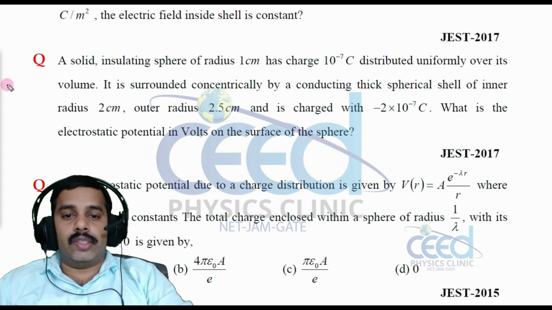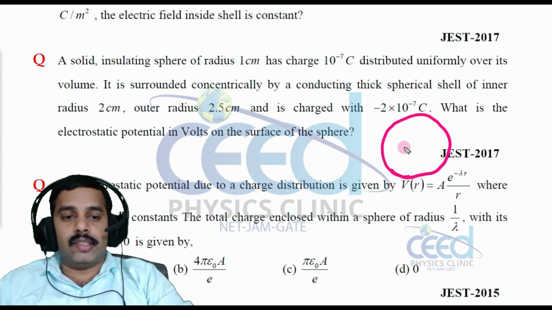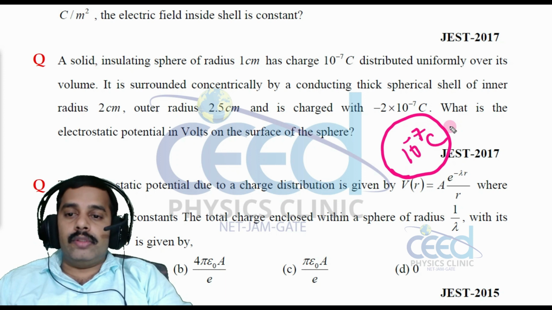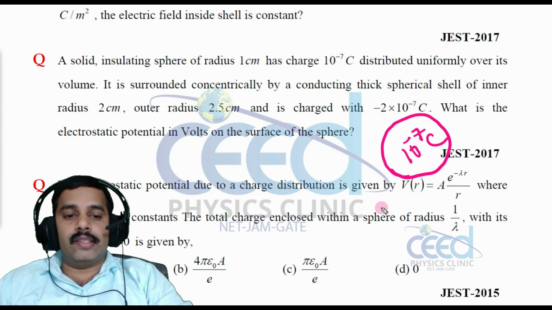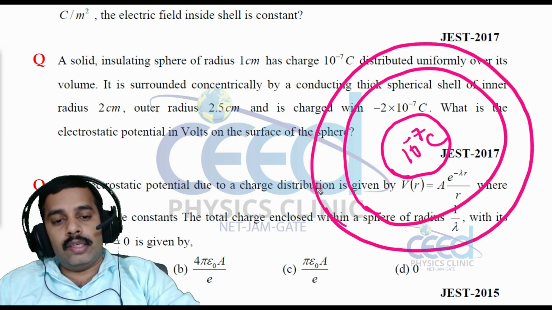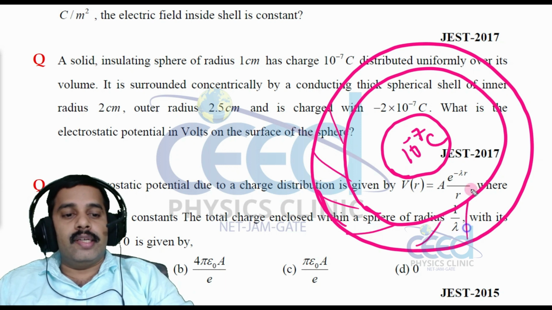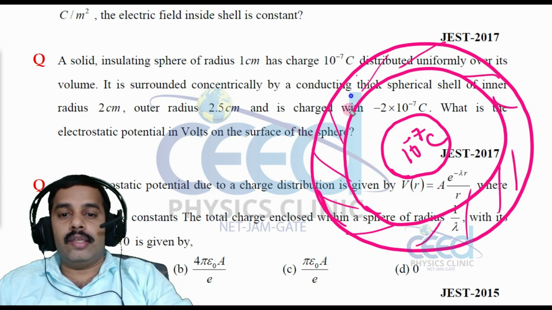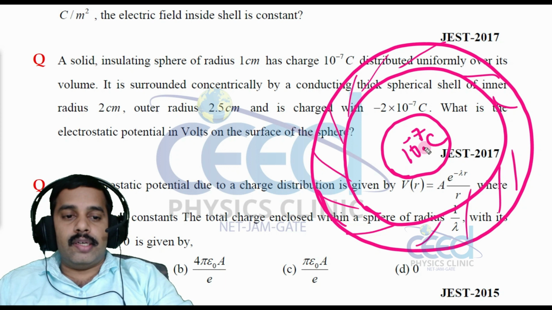So this is the situation. We have an insulating sphere of radius 1 centimeter with the charge 10 raised to minus 7 coulomb, uniformly distributed over its volume, and it is surrounded concentrically by a conducting thick spherical shell. Its inner radius and outer radius are given.